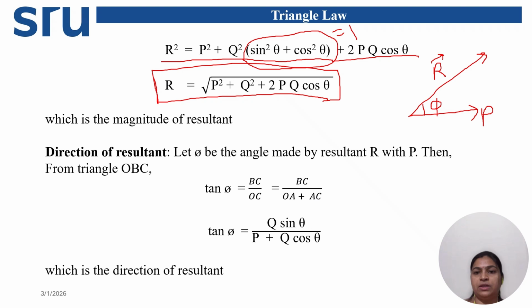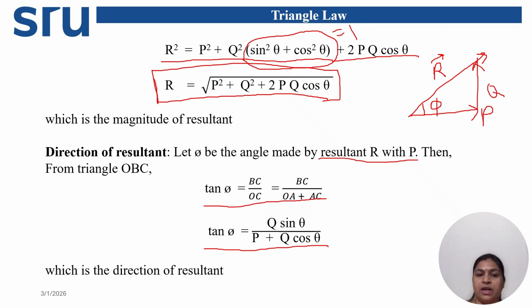The other vector is Q. Then one can find the resultant R with P. From this we can find tan phi, which is basically tan phi equal to Q sin theta divided by P plus Q cos theta, which is the direction of the resultant.